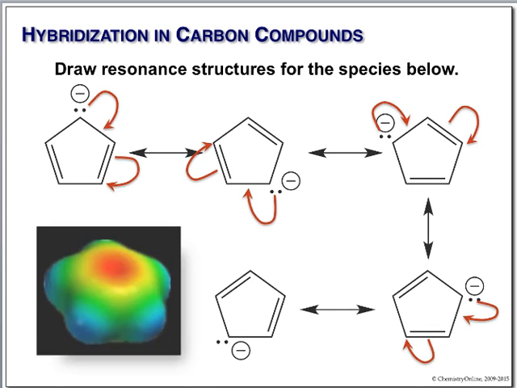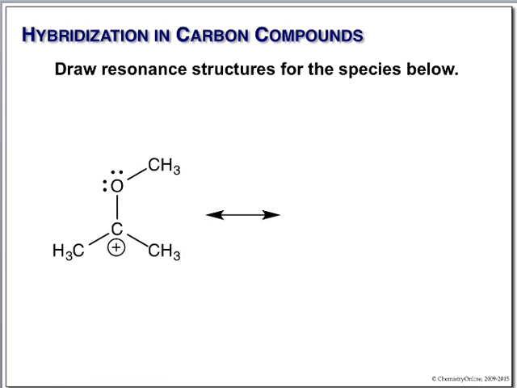Finally, this is an oxocarbonium ion, a carbocation adjacent to an oxygen. Remember that oxygen has 2 unshared pairs of electrons. Therefore, we can move one of these electron pairs in to neutralize the positive carbon.